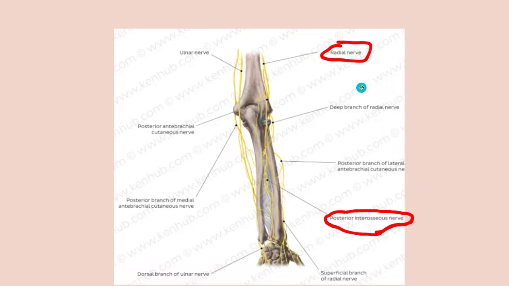For the superficial layer, we have a branch of the radial nerve known as the posterior interosseous nerve, posterior to the interosseous membrane. We discussed the anterior interosseous nerve, a branch of the median nerve in the anterior compartment of the forearm. Now we're discussing the posterior interosseous nerve, which supplies the superficial extensor compartment of the forearm.